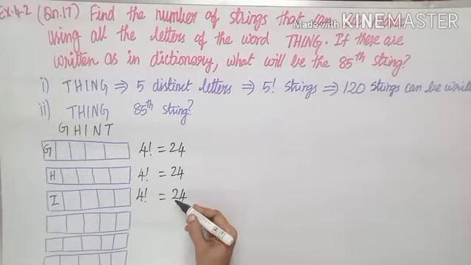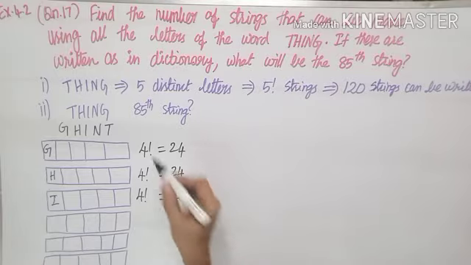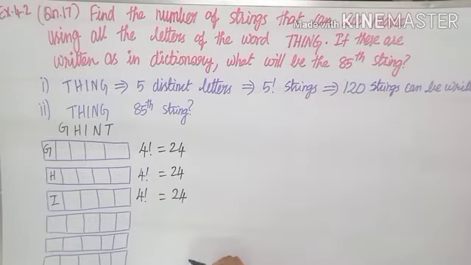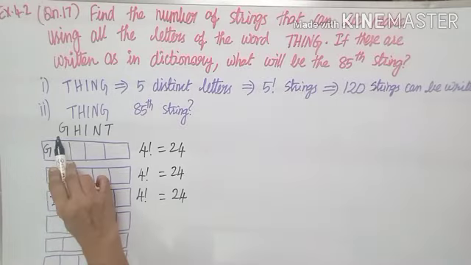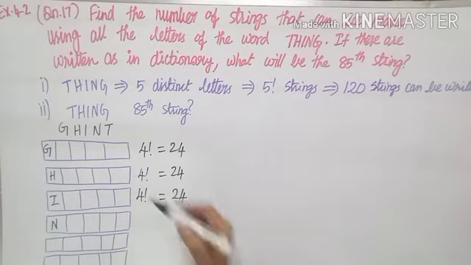I cannot put one more 24, because if I put one more 24, it will become 96. But my question is 85. So the next letter, G-H-I over, N. N I cannot stop, because if I put 4 factorial, I get more than this rank.